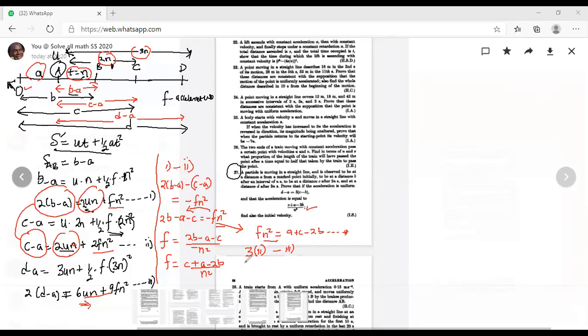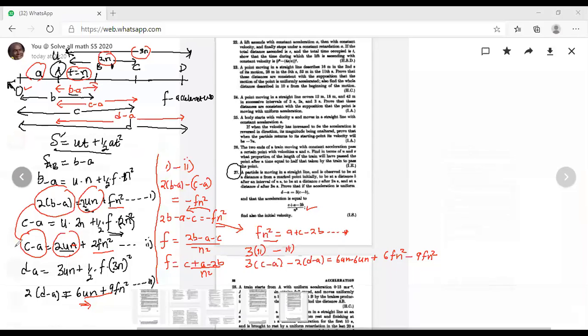It will become 3 c minus a minus 2 of d minus a is equal to 6un minus 6un a plus 6fn squared minus 9fn squared.